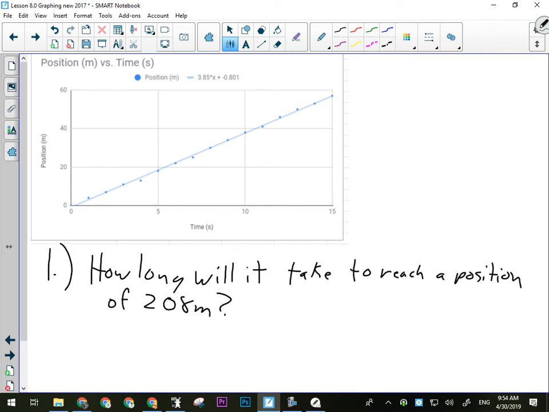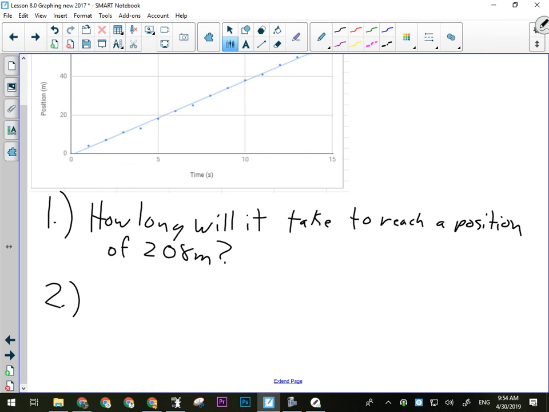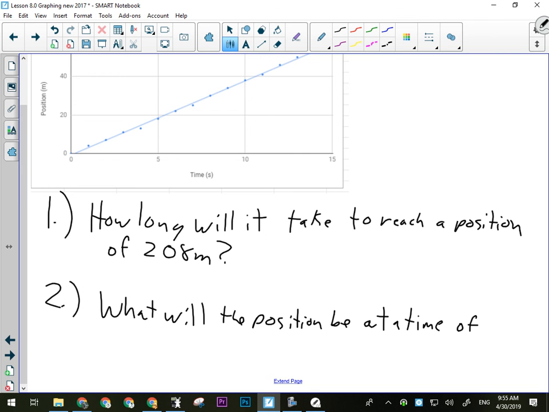How long will it take to reach a position of 208 meters? And what will the position be at a time of, let's say, 60 seconds?